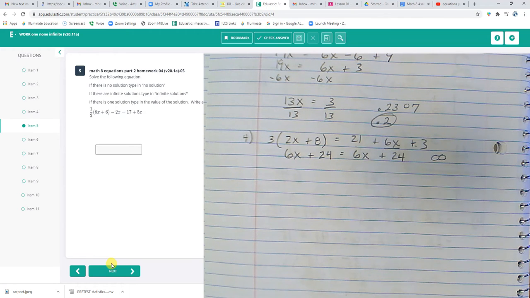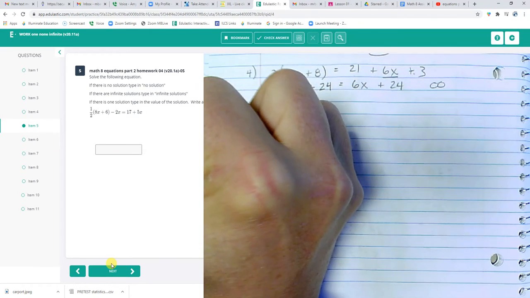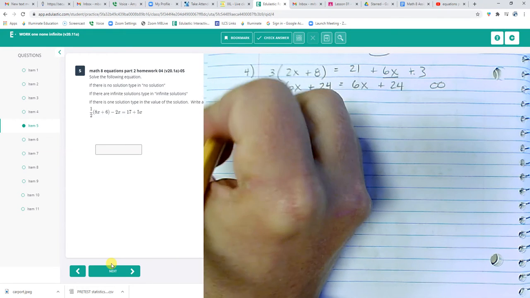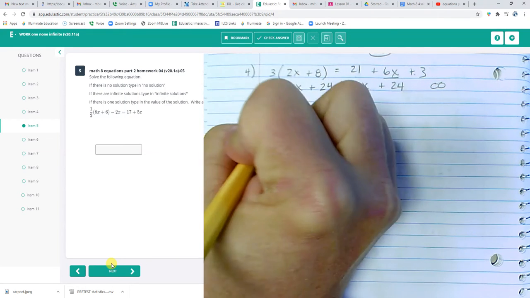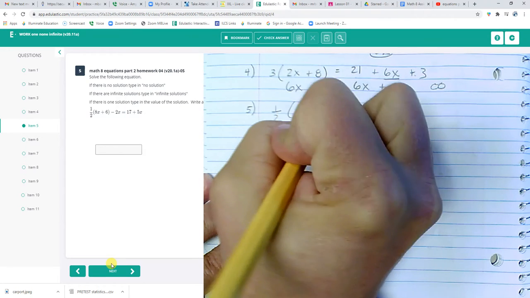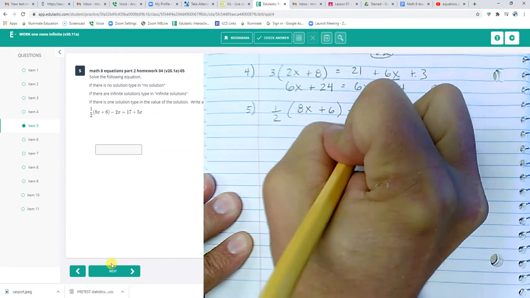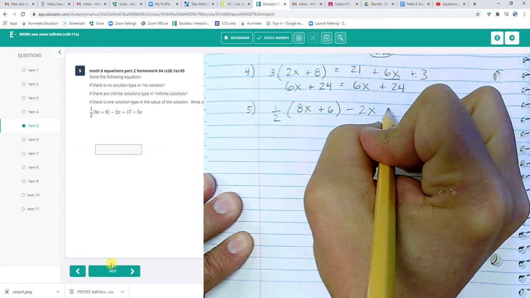Number 5: one half of 8x plus 6 minus 2x equals 17 plus 5x.